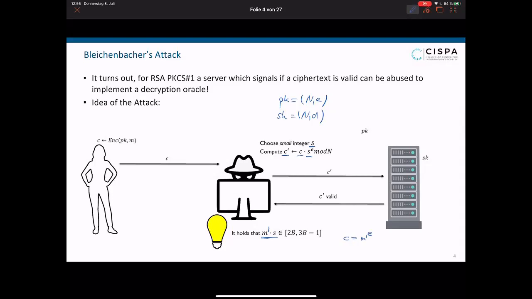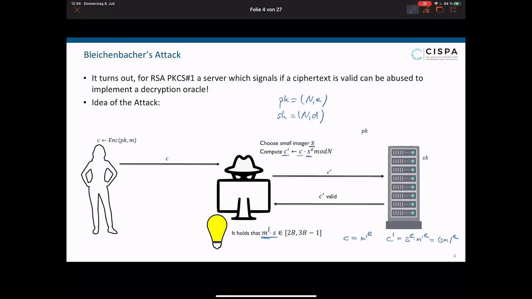Because what we do when we encrypt M, we first encode M into M prime, and then we raise it to the power E. But now C prime is just S to the E times C, and C is M prime to the E, which is just S times M prime to the E.